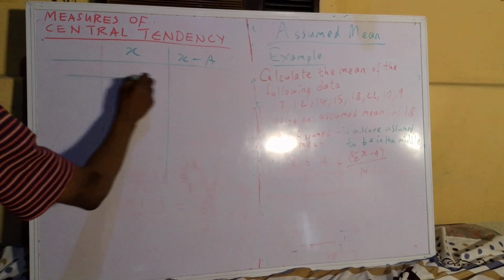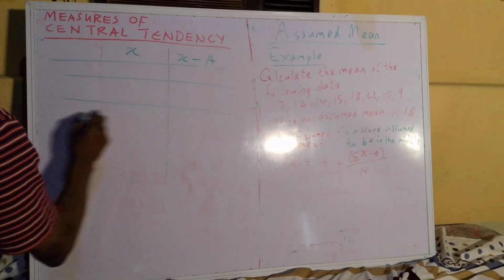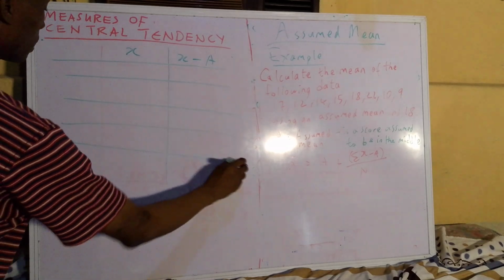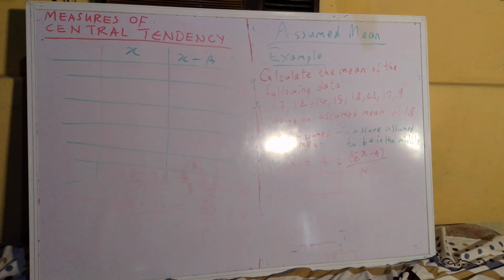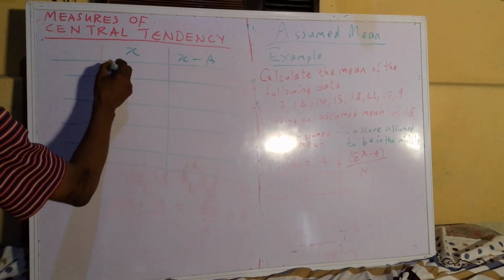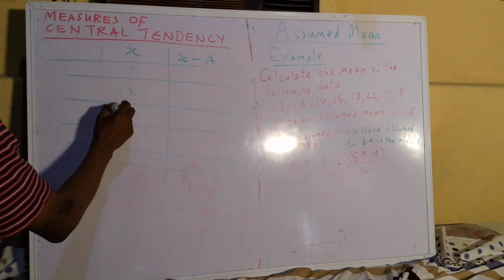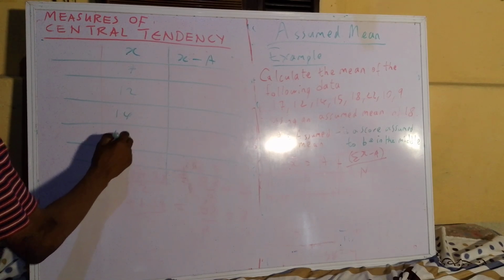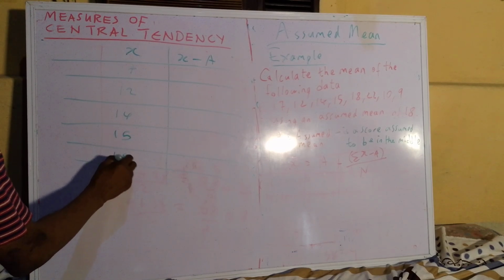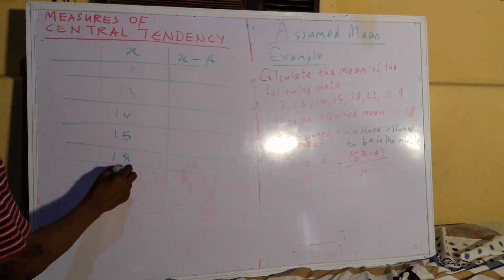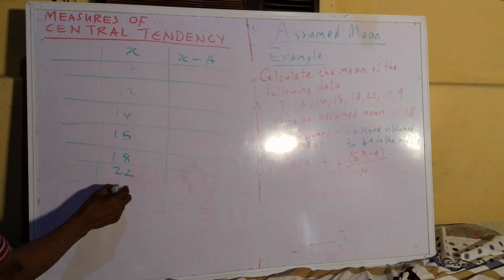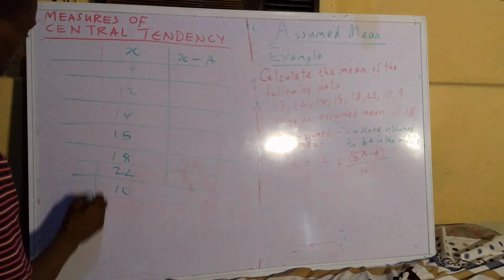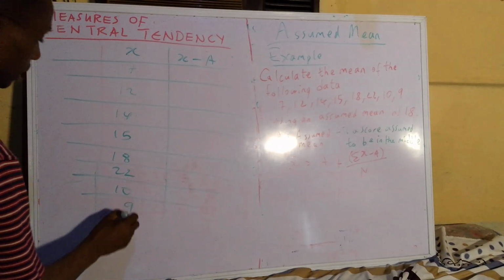In this case, if there was f, the main thing is that you will now write the scores. We have 17, 12, 14, 15, 18, 22, 10 and 9.